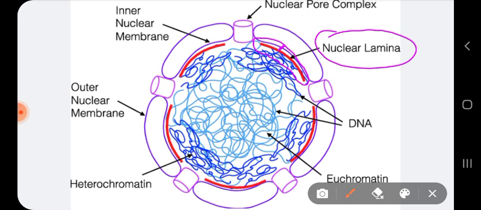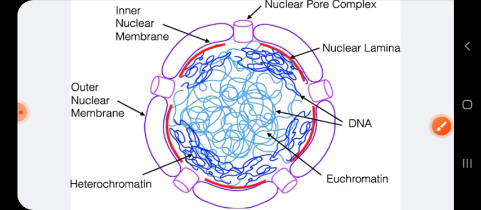Okay, so let us move to the next thing which I am going to discuss now. We will discuss the nuclear pore, which is shown right here.